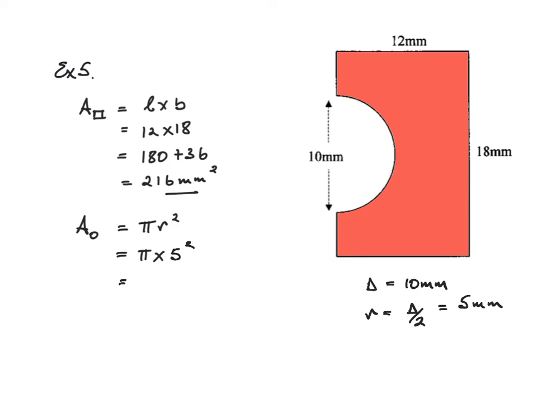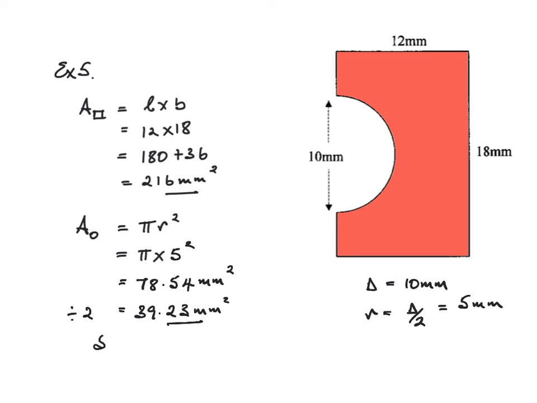gives us 78.54 millimetres squared. That's for a full circle. So if we divide that by 2, 39.27 millimetres squared.